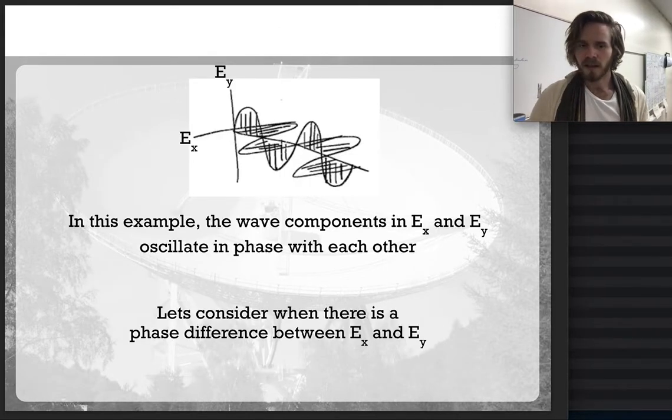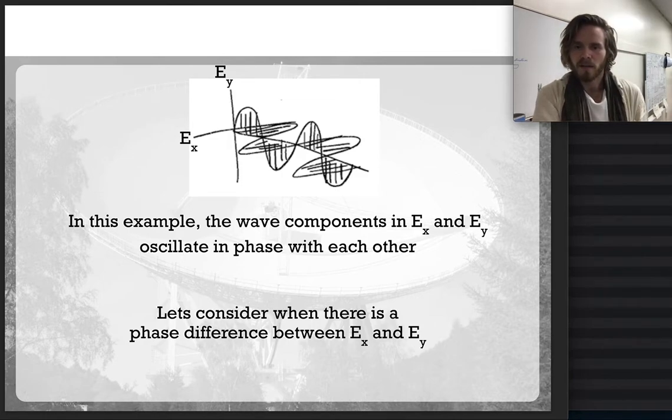So in this example, the wave components are oscillating in the X and Y directions, and as you can see in this image, if we take the Y component and the X component and compare them, they're in phase.